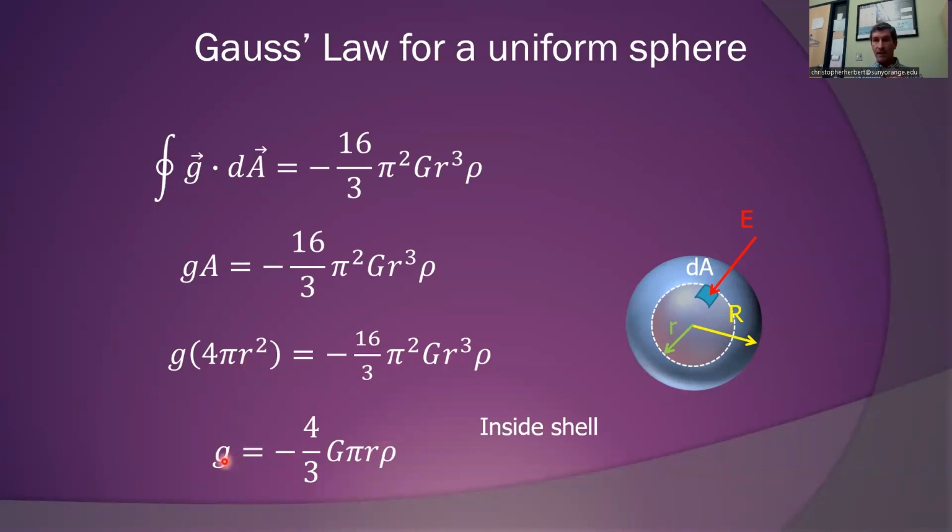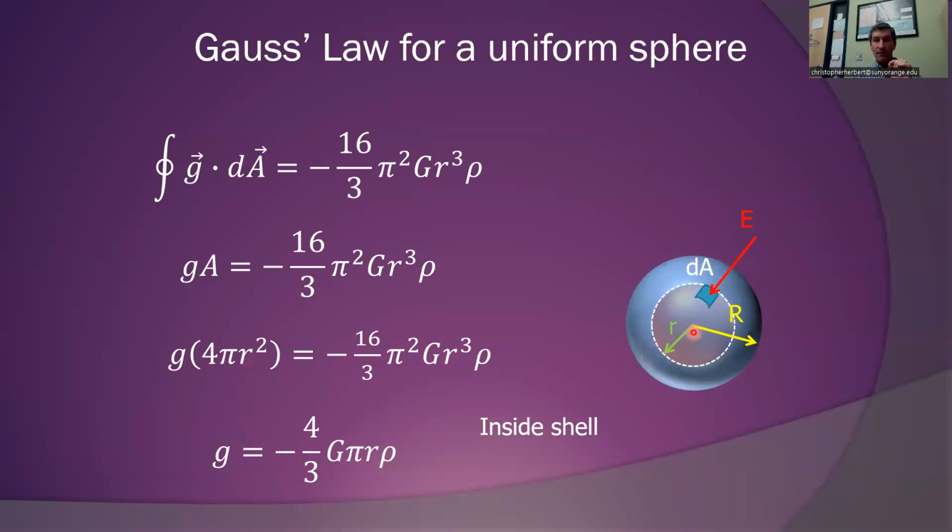And what we see here is that g, the acceleration of gravity when we're inside the Earth, is equal to some constant, negative 4/3, negative because it's pointing toward the center, negative 4/3 G pi rho times r. Rho is also, we're saying it's constant density, okay? We'll change that in a little bit. But the gravitational force is proportional to the distance from the center.